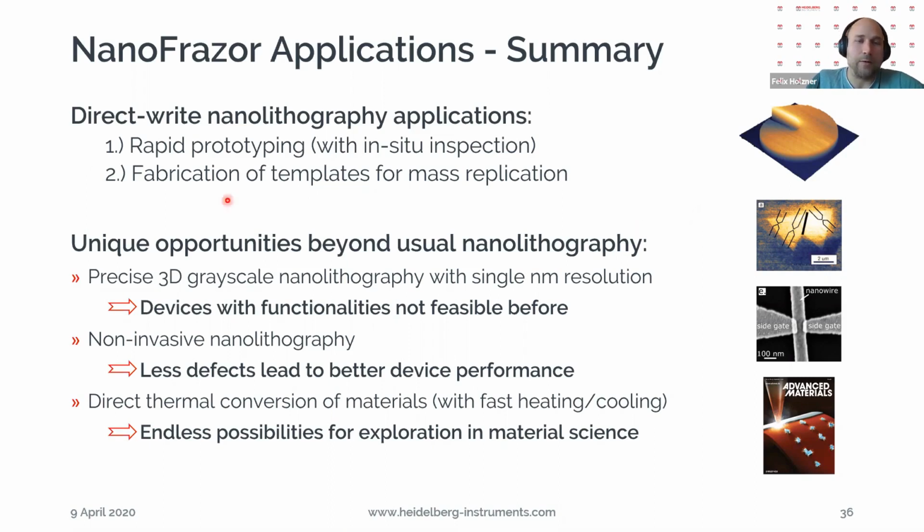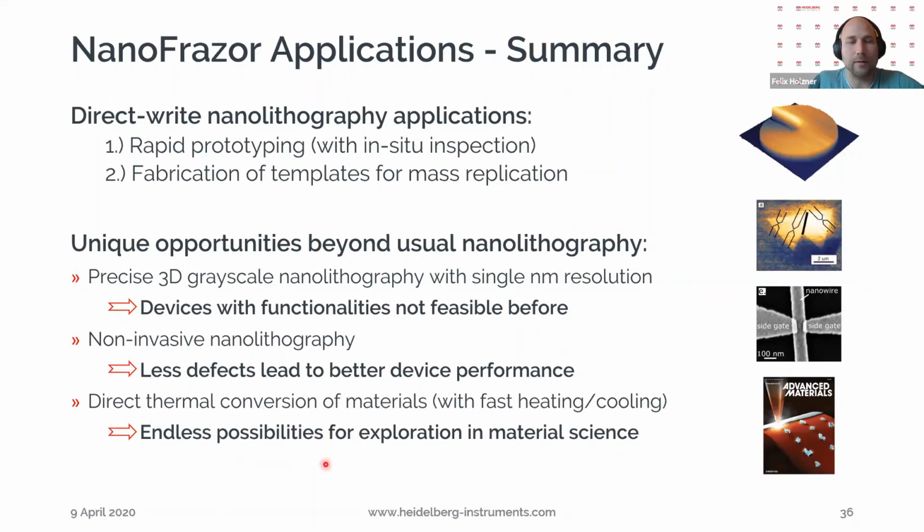And the unique opportunities we see, first of all, in this 3D grayscale patterning. Then I talked about this non-invasive lithography, that you can work with materials that otherwise might be damaged during lithography. And also interestingly for scientists is that you can use this heated tip to convert materials directly.